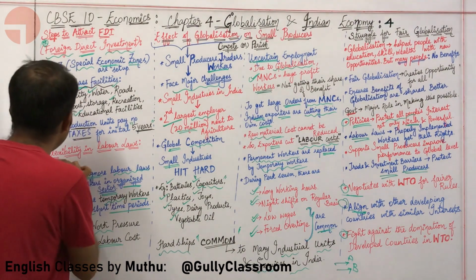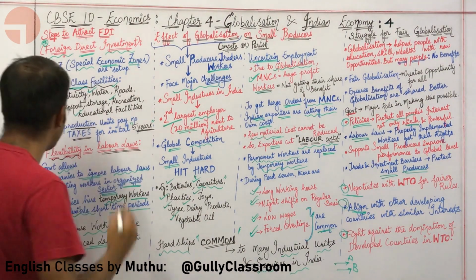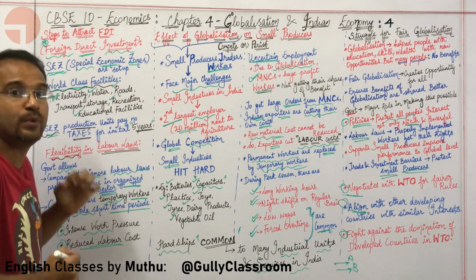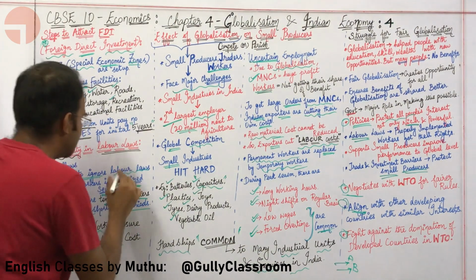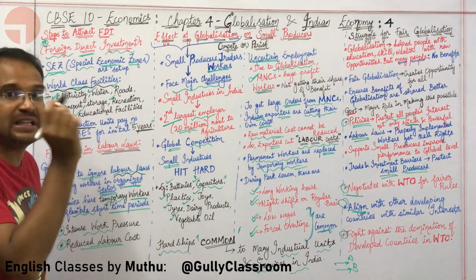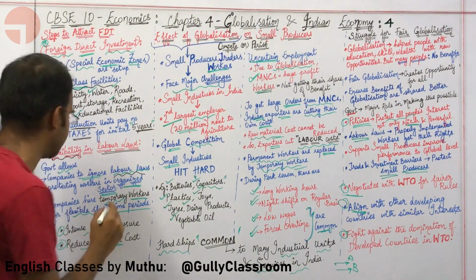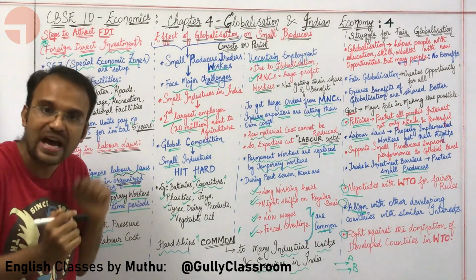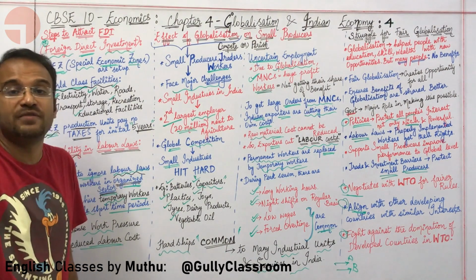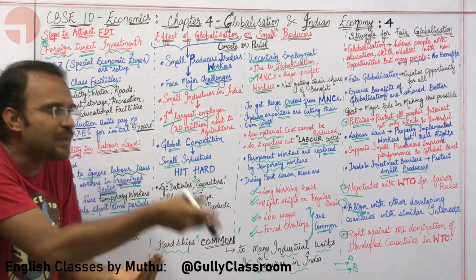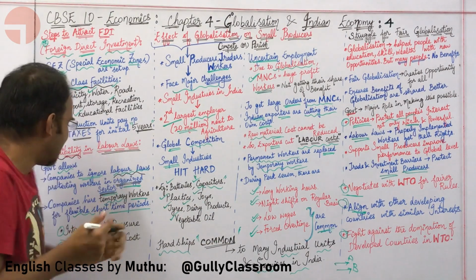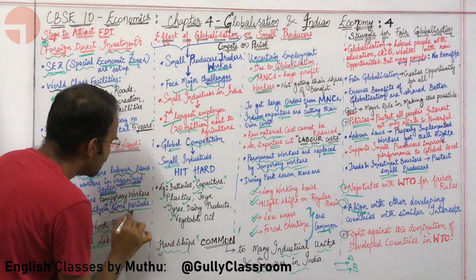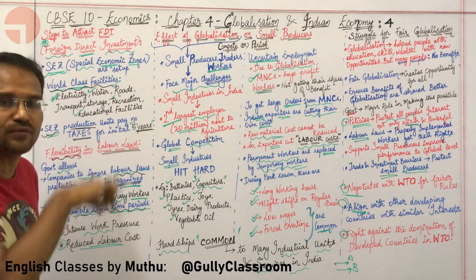Also, the government is showing flexibility in labor laws. The government is allowing the companies to ignore the labor laws protecting the workers in the organized sector. Instead of hiring permanent workers, the corporates, the MNCs, are feeling comfortable hiring temporary workers for flexible short periods of time.